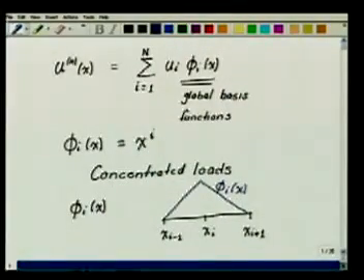This phi was defined in such a way that it had a value 1 at the point xi, and at the two neighboring points, these are specified points that we have to define, this phi became 0, and everywhere else in the domain it was extended by the 0 value.